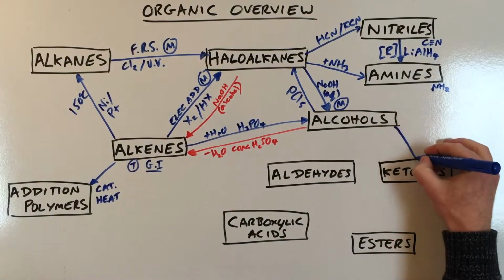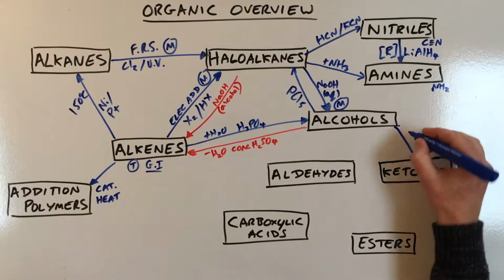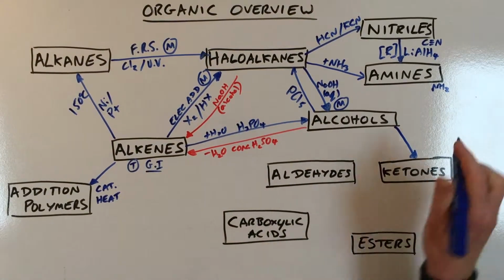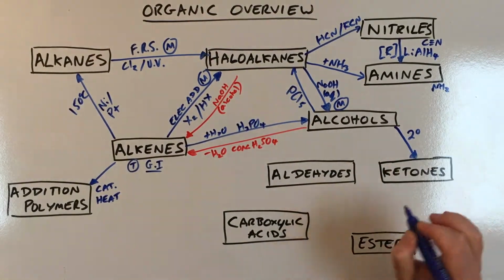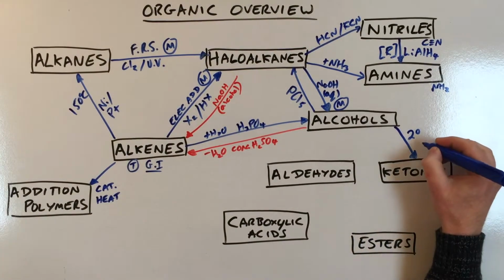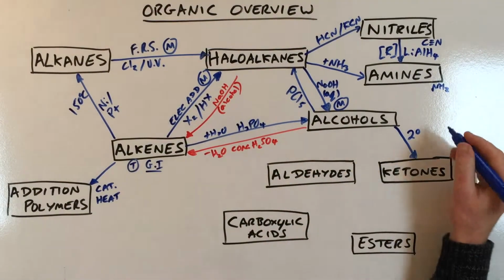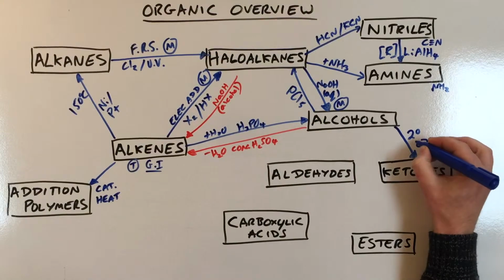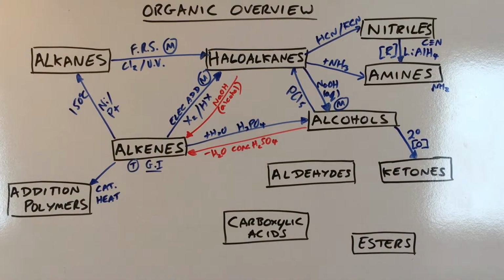Now, alcohols. We can turn an alcohol into a ketone, but we need a specific type of alcohol. We need a secondary alcohol. Now, in terms of oxidation, which is what it is, there are a couple of reagents that we can use.